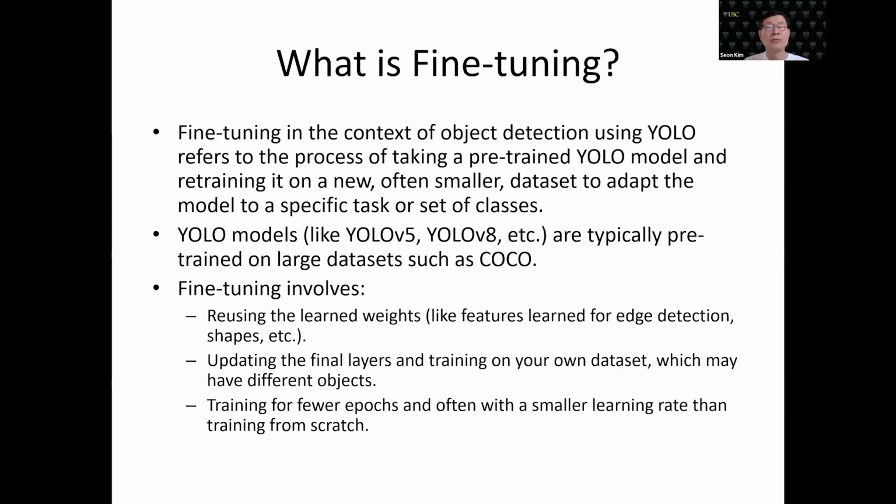But if you want to train some kind of expert to detect some specific object, something like trash items on the street, then we are expecting that the expert can detect those trash items more accurately than the general public. Make sense? Yeah. So fine tuning is basically something like that.